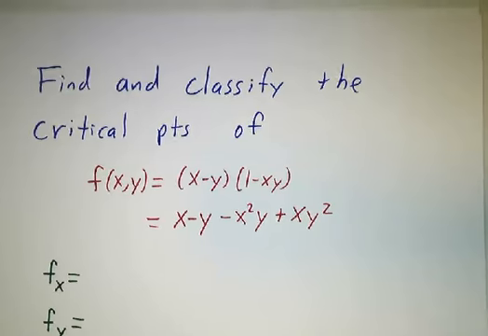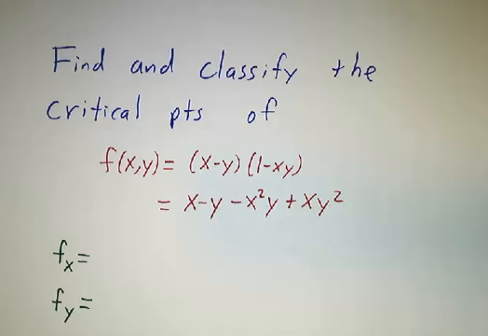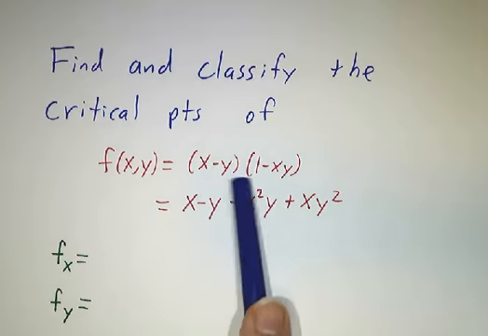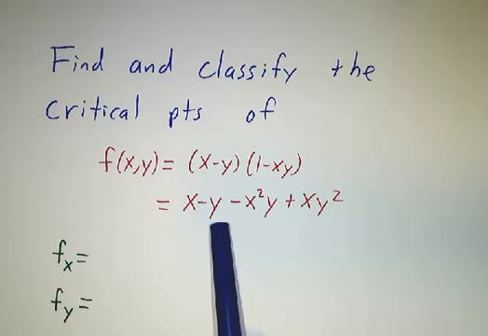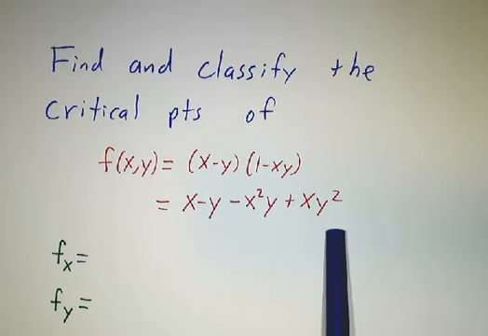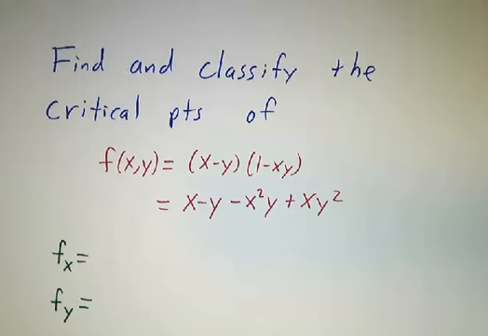Our first problem is to find and classify the critical points of this function, the function x minus y times 1 minus xy, and if you multiply it all out, that's x minus y minus x squared y plus xy squared. Okay.